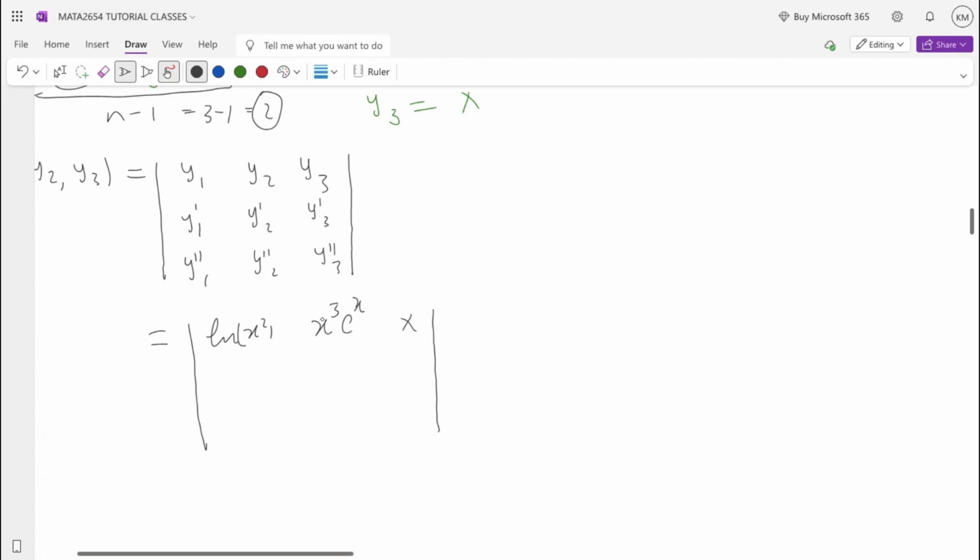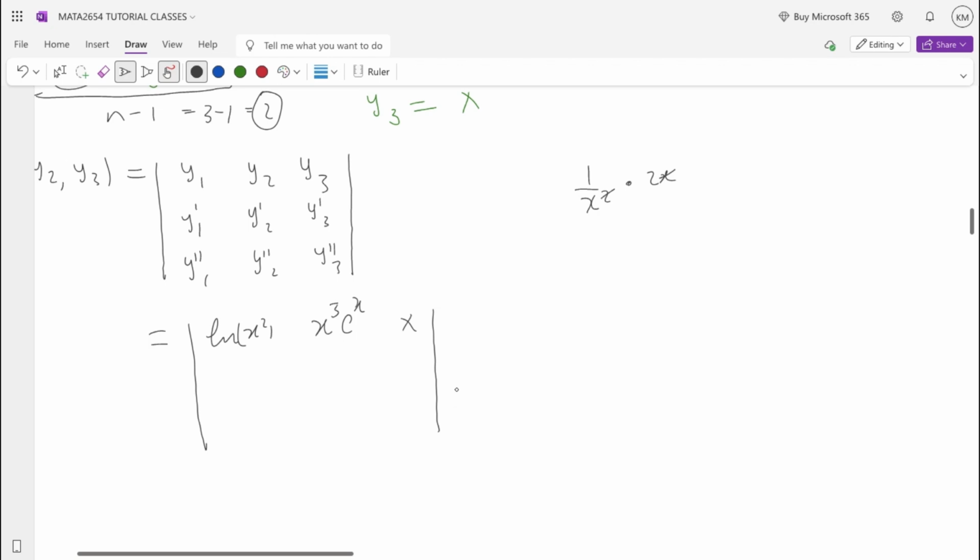Then the derivative of ln x squared, what is it going to be? Okay, so it's like this, and one x will cancel there.